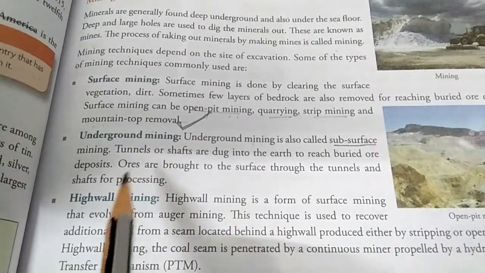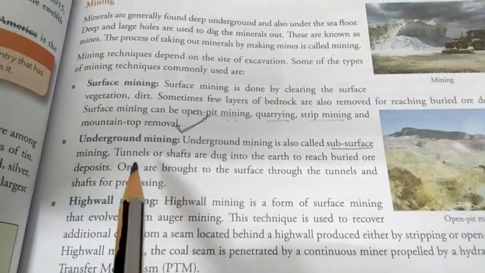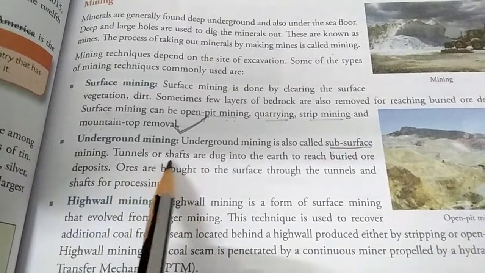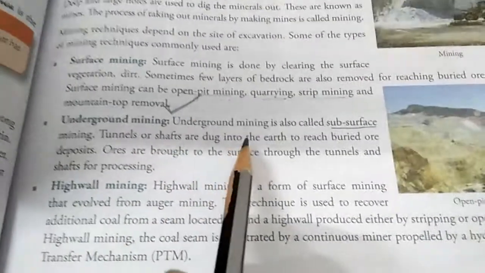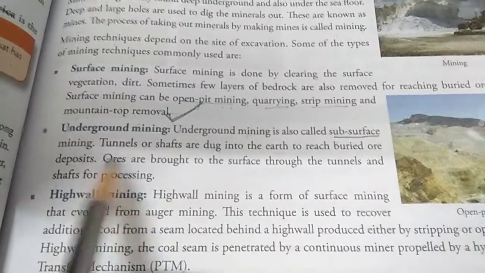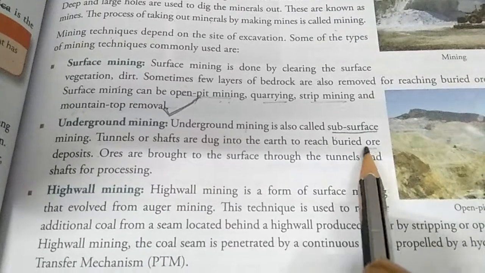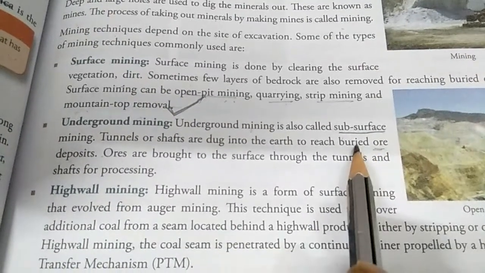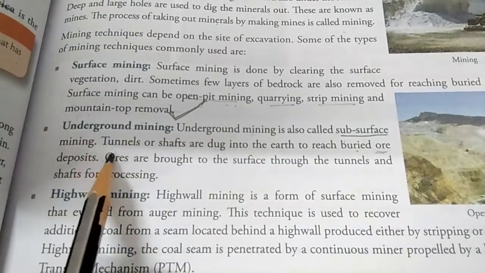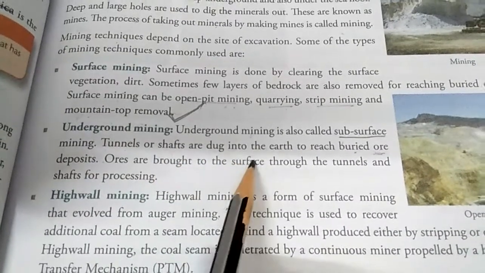To reach the surface below, we have to dig tunnels or shafts. Tunnels or shafts are dug into the earth to reach buried ore deposits. These mineral ores are buried inside the earth, and so to reach them we need the help of a tunnel or a shaft which is dug inside the earth.